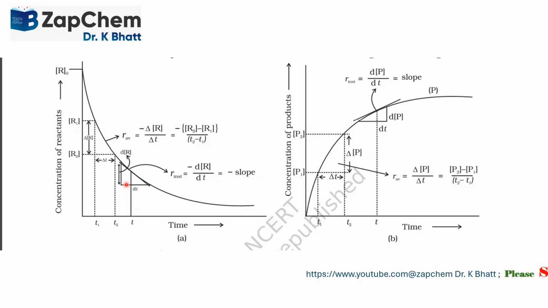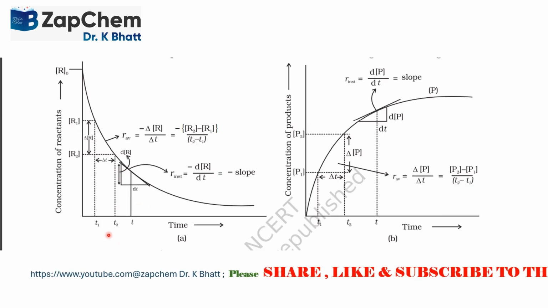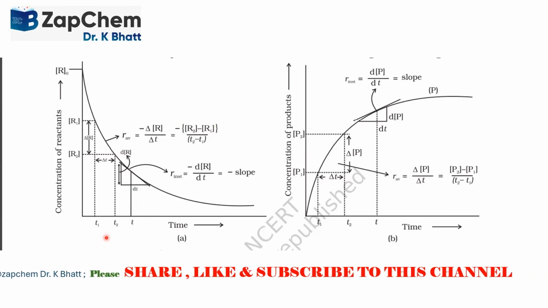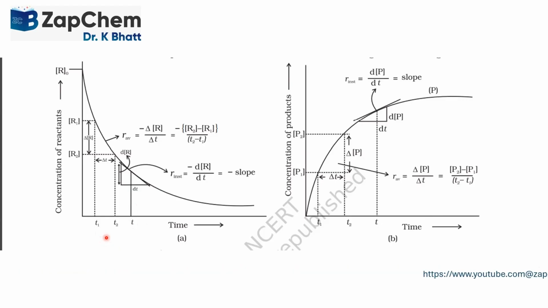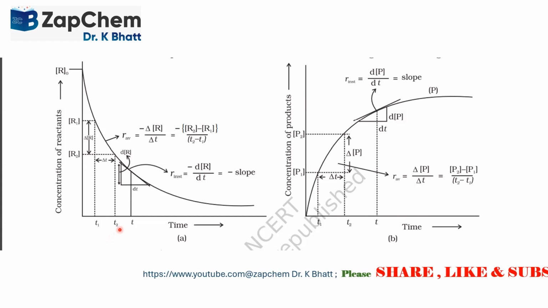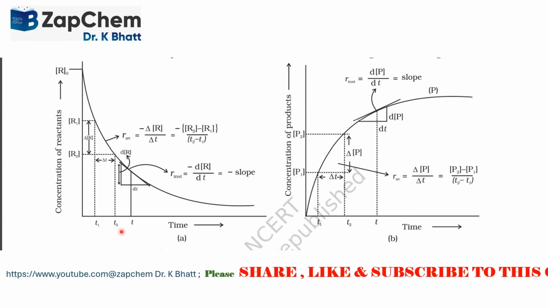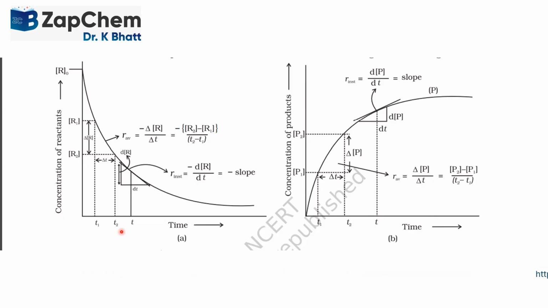Now, one thing is very important: this represents a period under which the concentration has changed, and that period here is T2 minus T1. But the concentration goes on changing with respect to time.